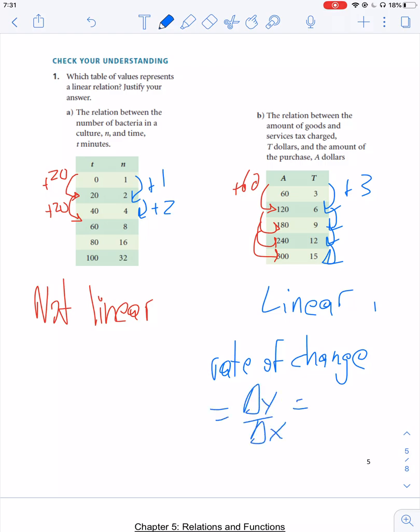So the change in y is 3, the change in x is 60. And that's 1 over 20, which is 0.05, okay? 0.05. So that's how you find the rate of change, okay?